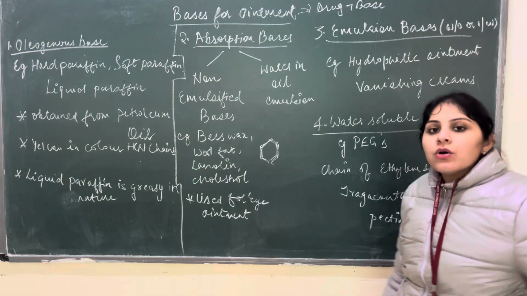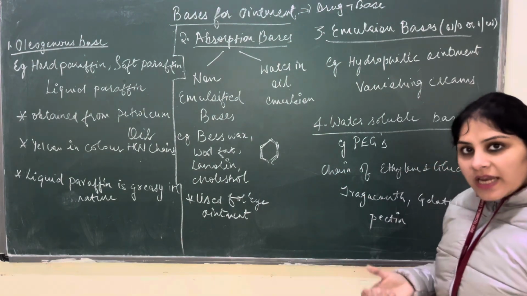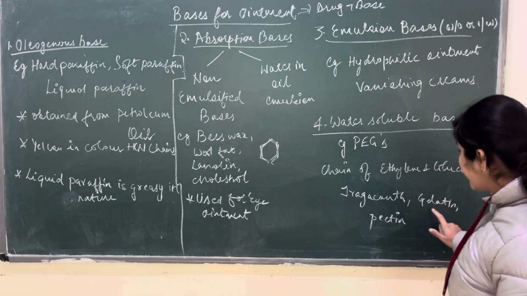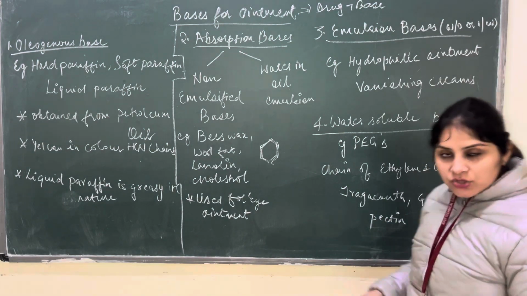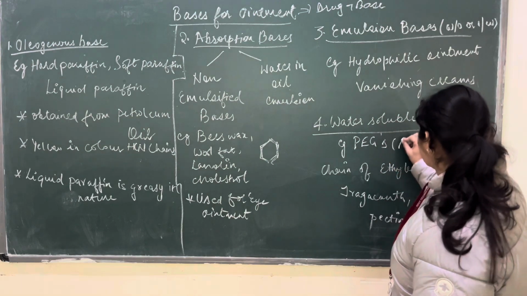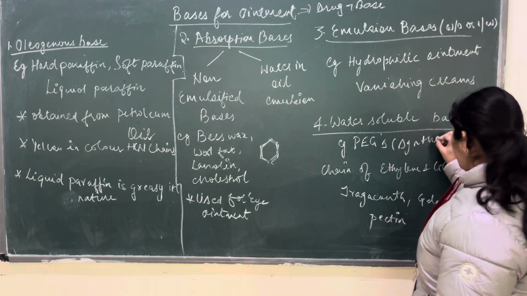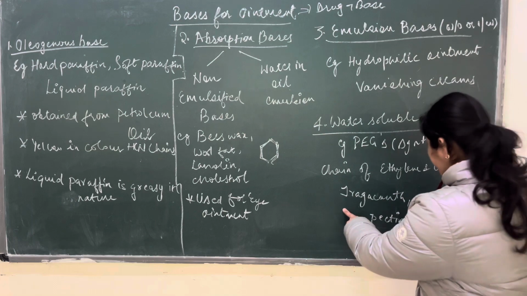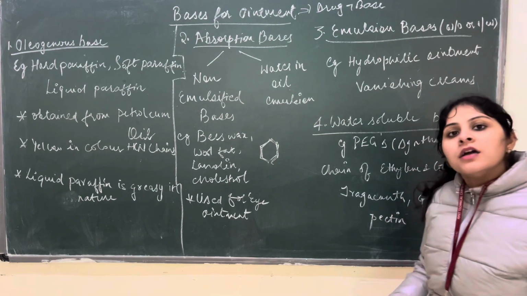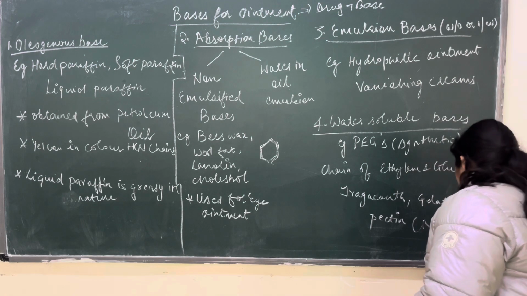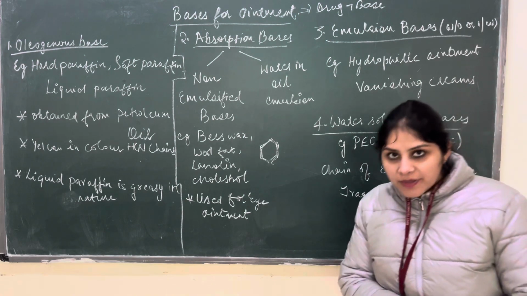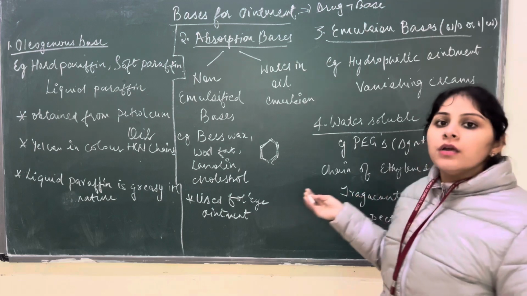Then we can also use bases from natural sources, maybe tragacanth, gelatin, pectin and bentonite also. These are natural products. PEG is a synthetic product, and tragacanth, gelatin and pectin are natural polymers which are used as water soluble bases for the formulation of the ointment.